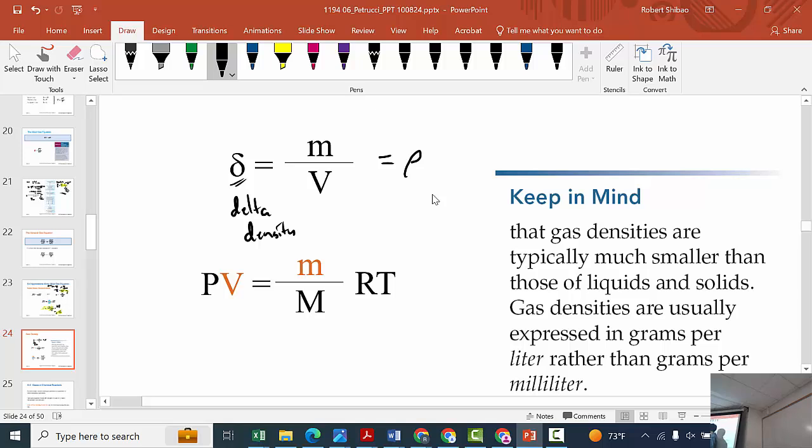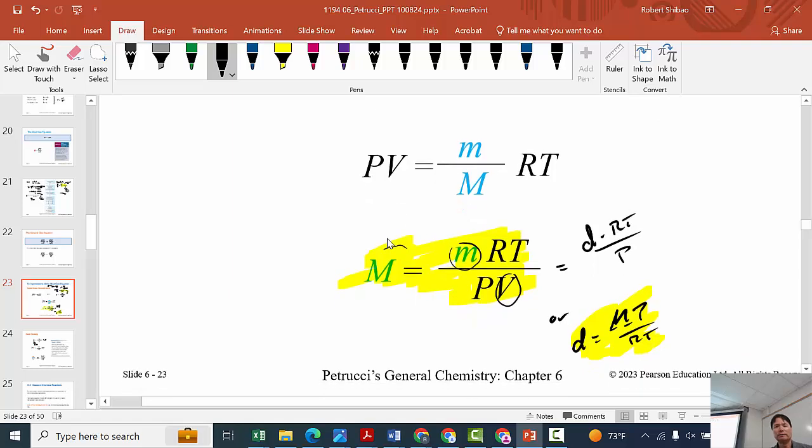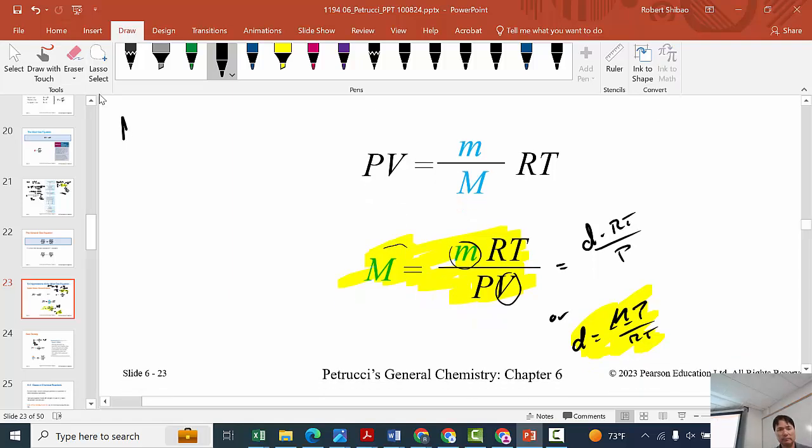But what we can do is we can substitute V. V is equal to nRT over P. So this would be an alternate derivation here. We'll do that up here. And so I could use delta, which is equal to D, which is equal to rho, which is equal to density. So I'll go with our books.